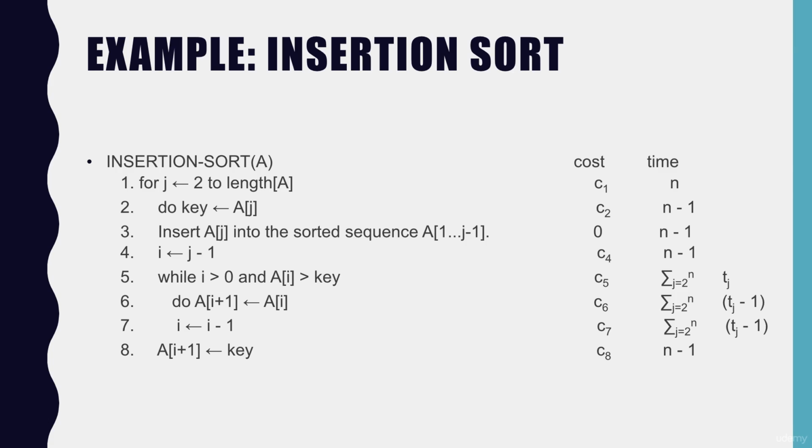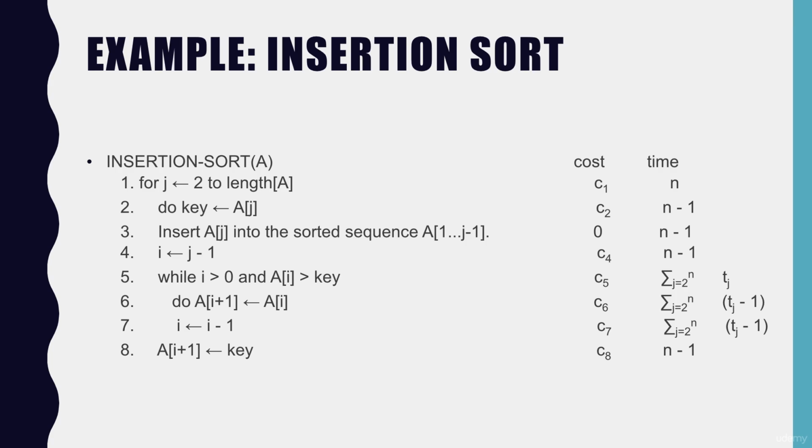The running time of an algorithm on a particular input is the number of primitive operations or steps executed. It is convenient to define the notion of step so that it is as machine independent as possible. For the moment, let us adopt this view. A constant amount of time is required to execute each line of our pseudocode here.